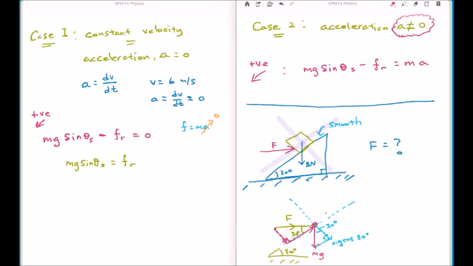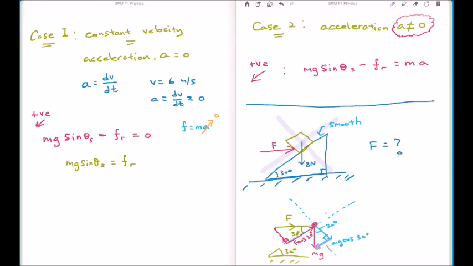So here, I will have your F cos 30. This F cos 30 must be the same as this one.